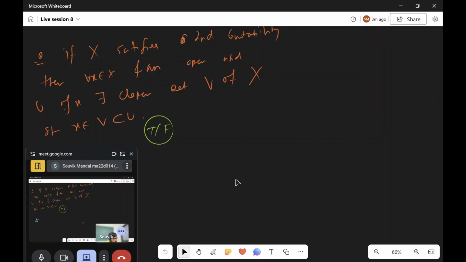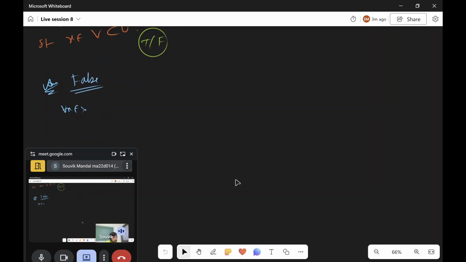The point is that it is false. Why? Because this property for all x is the definition of a zero dimensional space, correct? So this says that second countable implies zero dimensional, which is not true anyway.